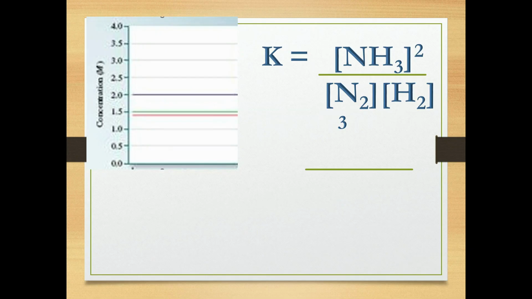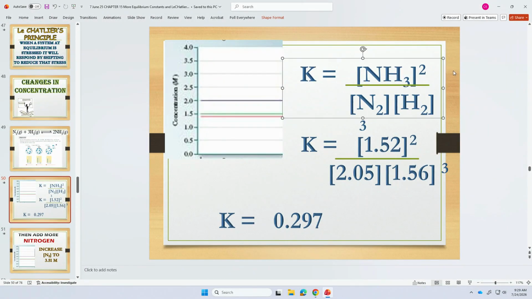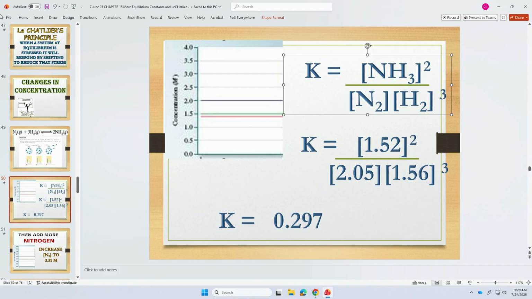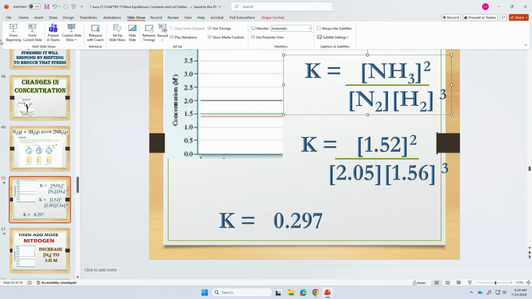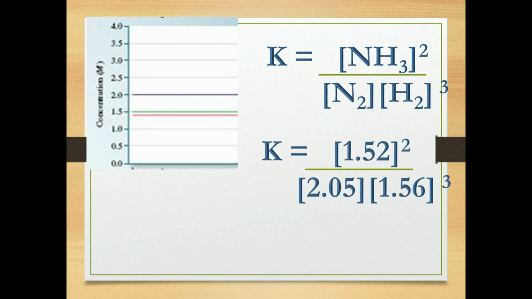So I had a K value. Oops. My 3 is supposed to be an exponent on the H2. When I started with a set of initial concentrations that were 1.52, 2.05, and 1.56, my K value is equal to 0.297.